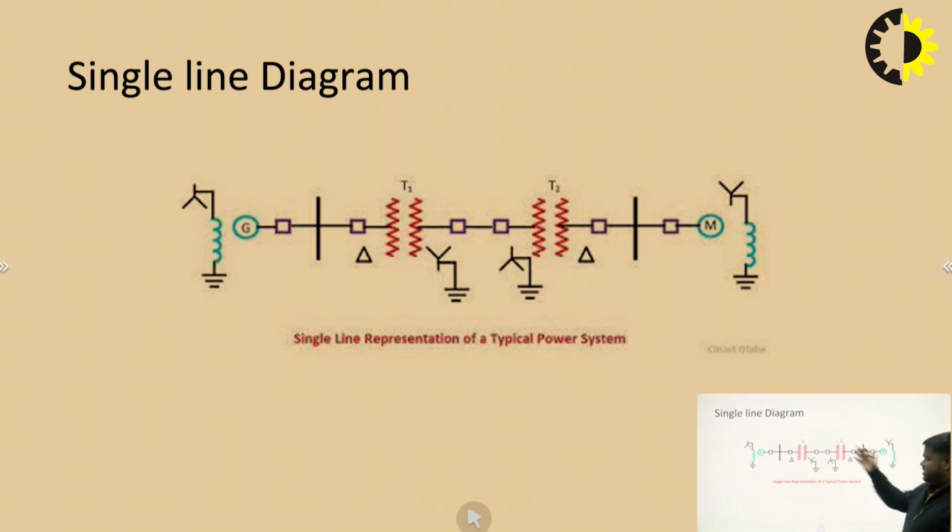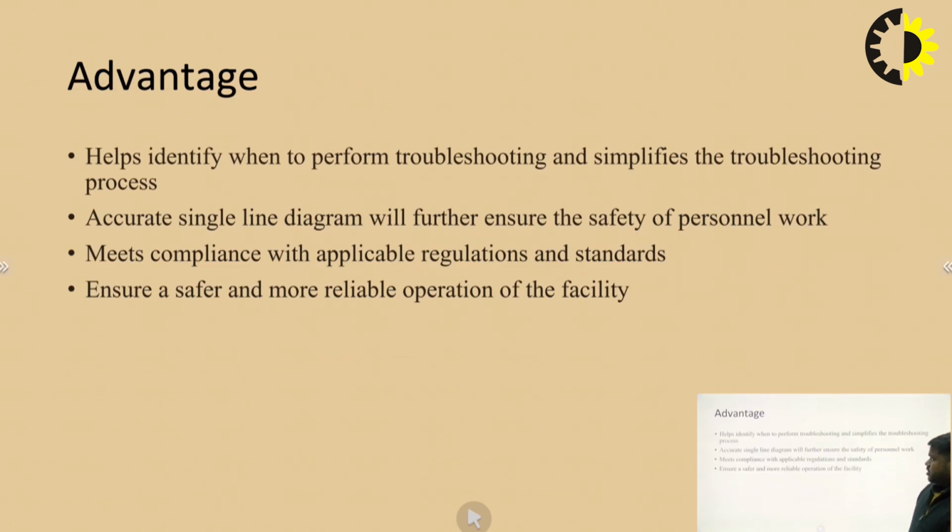So this is the source side and this is the load side. When we discuss faults, from the diagnosis point of view in the power system, we can easily measure the input and output side power, voltage, and the other ratings of electrical equipment, which we will see.